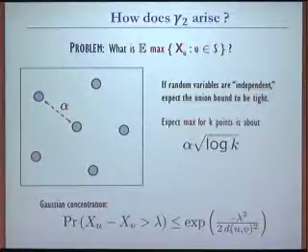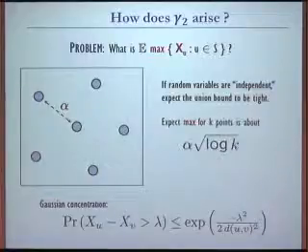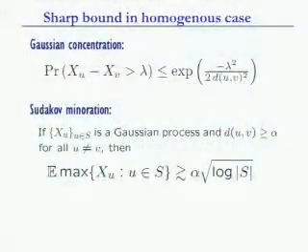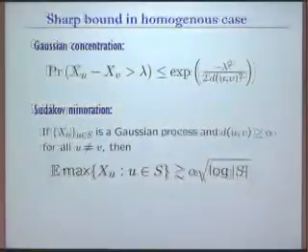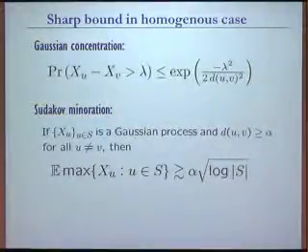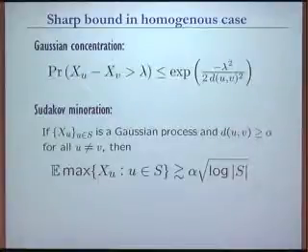So we think of the dependent case, where all these points are far away. Formally, we can prove something like that more generally for processes that are nearly independent, combining Gaussian concentration and Sudakov minoration.